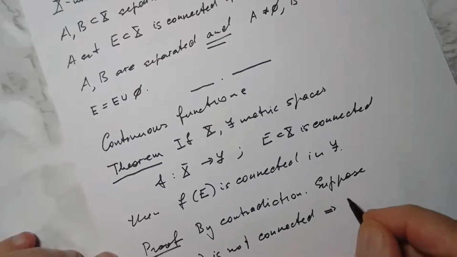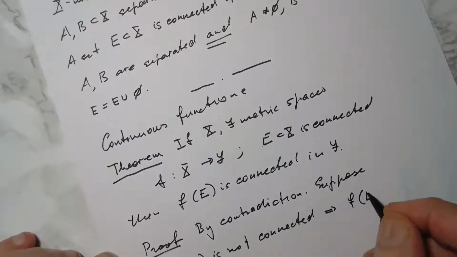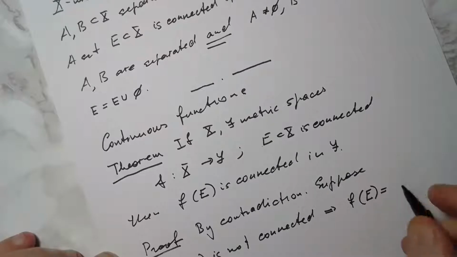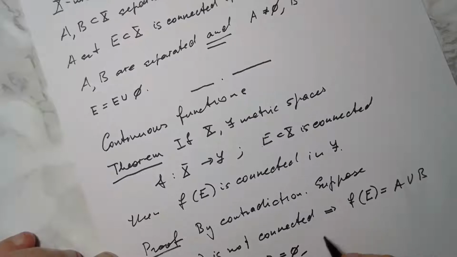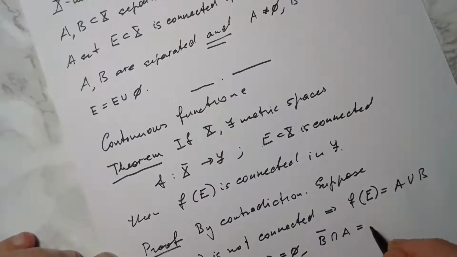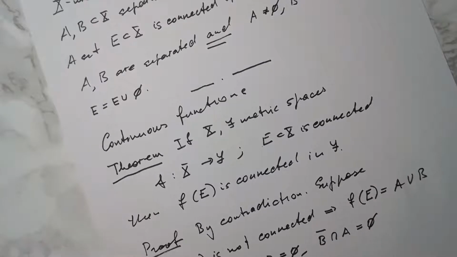Well, that means that f of E can be written as A union B, where A and B are not empty, and A and B are separated. So A closure intersection with B is empty, and the closure of B intersection with A is empty.